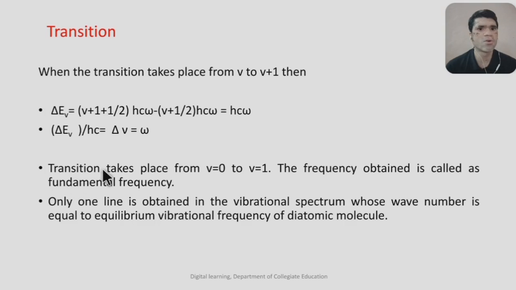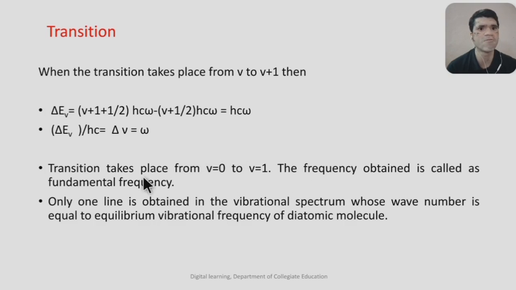So the transition from V equal to 0 to V equal to 1 gives a frequency that is called the fundamental frequency. This is the only line obtained in the vibrational spectrum whose wave number is equal to the equilibrium vibrational frequency of the diatomic molecule. So this is called the fundamental frequency of vibration.